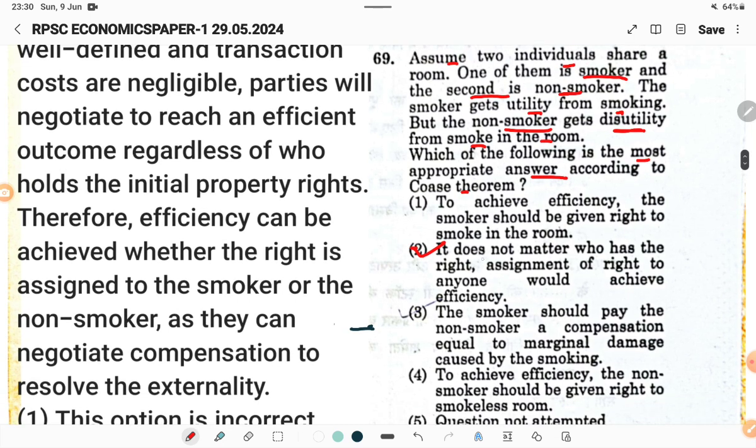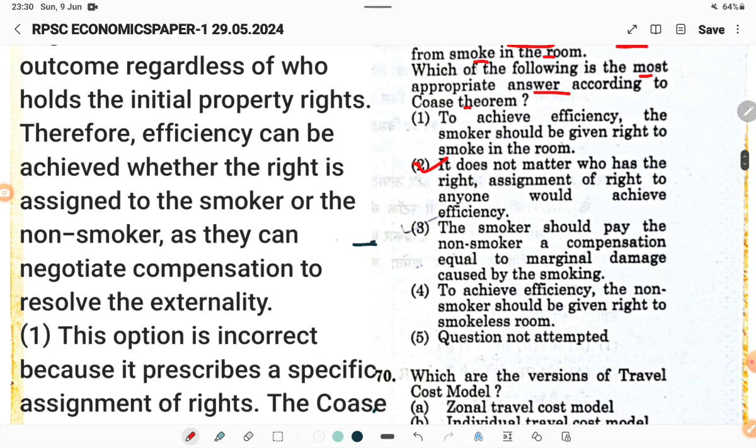The second statement: it does not matter who has the right. Assignment of the right to anyone would achieve efficiency. And third, the smoker should pay the non-smoker a compensation equal to the marginal damage caused by the smoking. And fourth, to achieve efficiency, the non-smoker should be given the right to a smoke-free room.